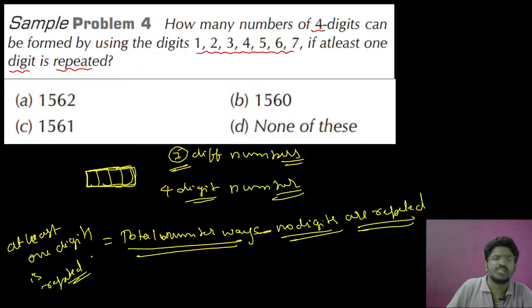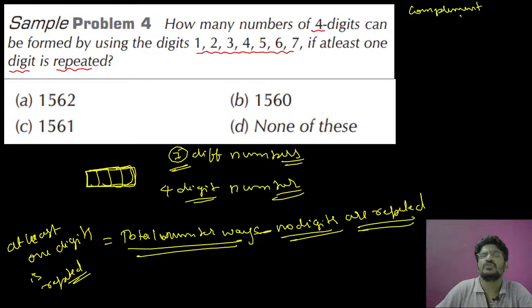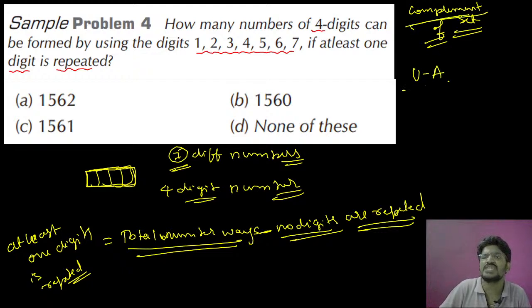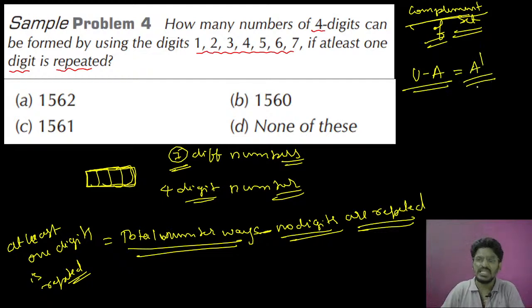So my dear students, if you remember the complement of a set, then this thing is very easy. That is why you say here complement of a set: U minus A is equal to A dash. Now I need the complement of no digits repeated.